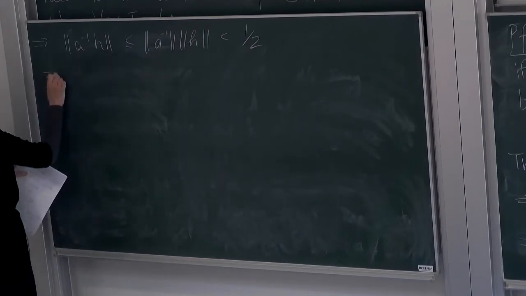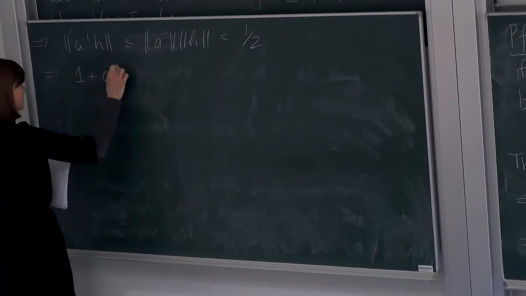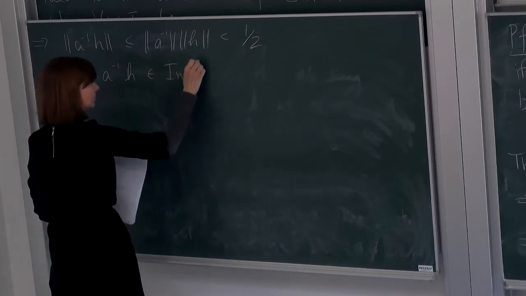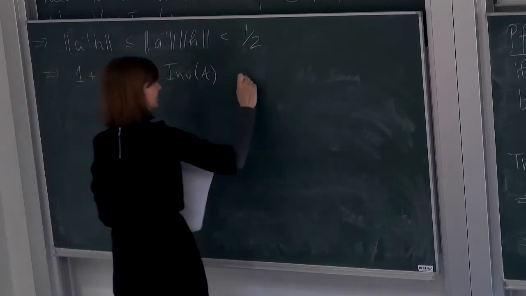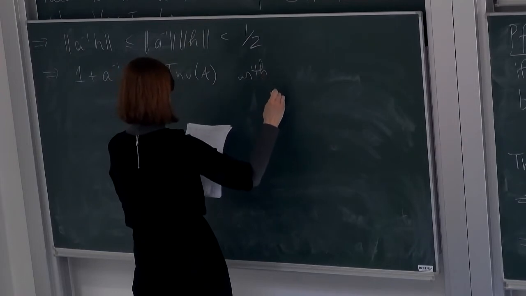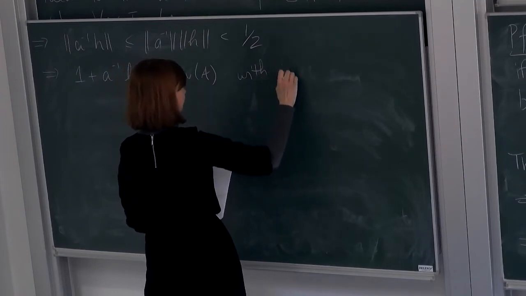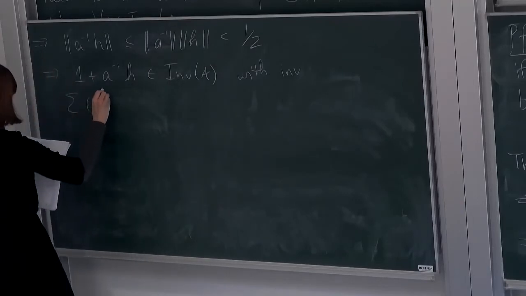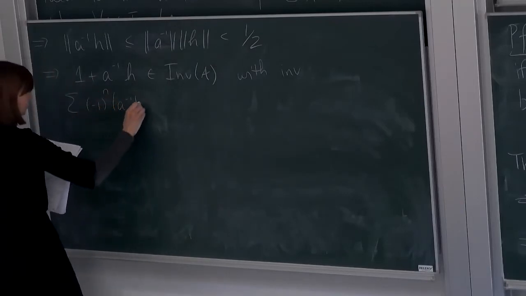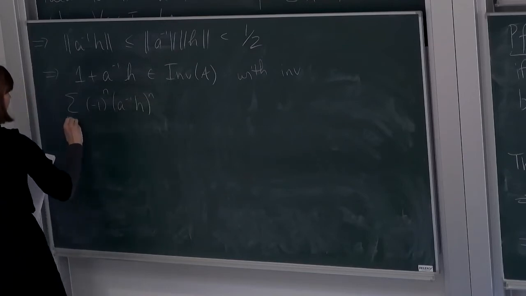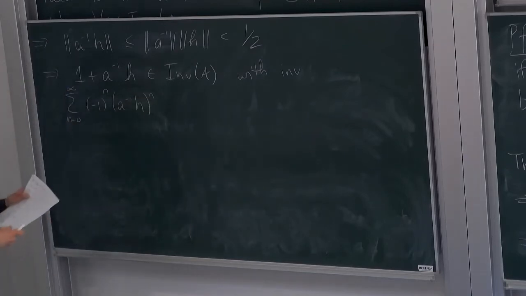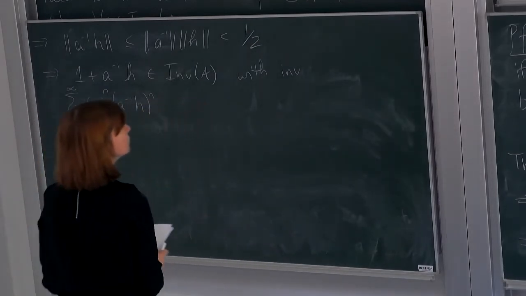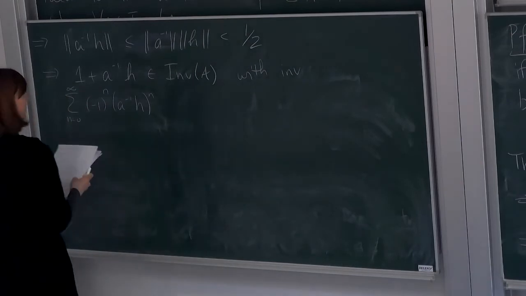So this means that 1 plus A inverse H is indeed invertible with inverse, again by the theorem, whose number is 1.2.4, I guess, maybe just the one right before this.